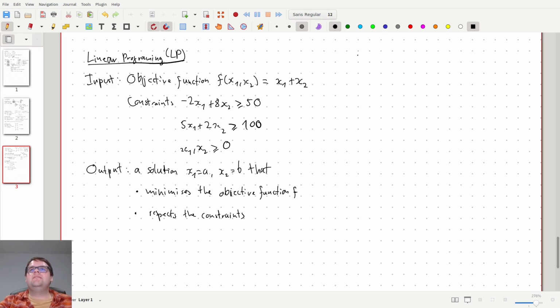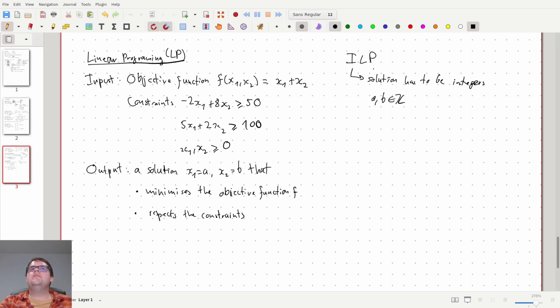But there's another variant, ILP, integer linear programming, that's exactly the same, except the solution has to be integers. More specifically, a and b have to be in Z in our little example here.